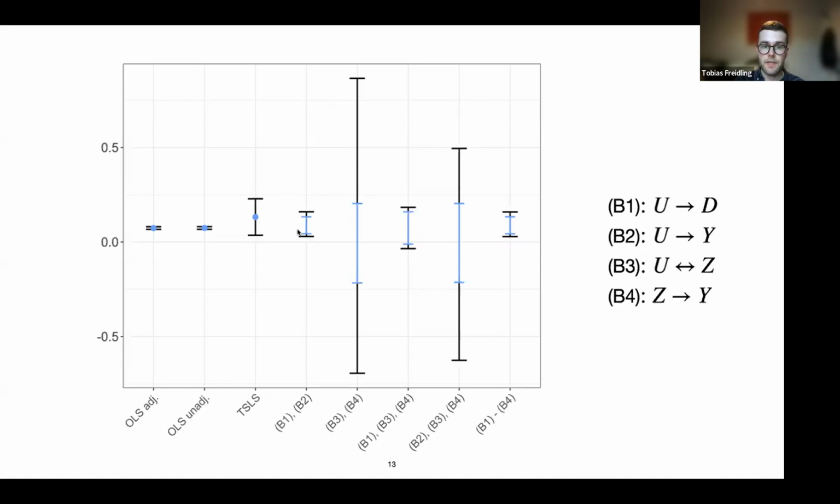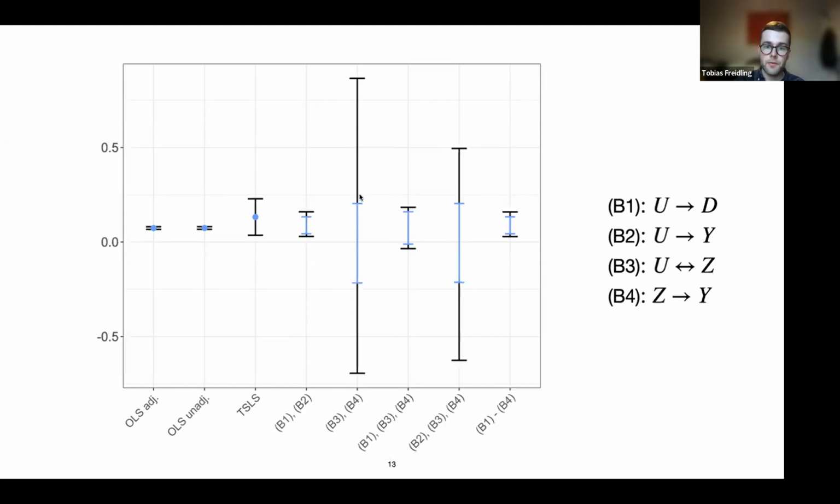So in the first one here, I solved the optimization problem over this constraint on U on D and U on Y, and got this blue interval here. And if we now solve this optimization problem over a bootstrap sample, we also get a 95% sensitivity interval. With sensitivity interval, we just mean the natural extension of a confidence interval.